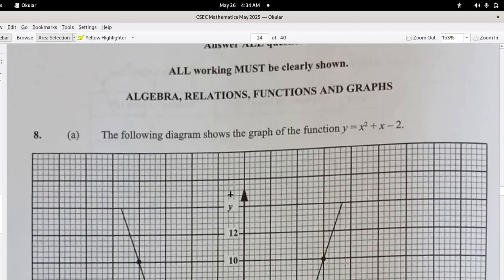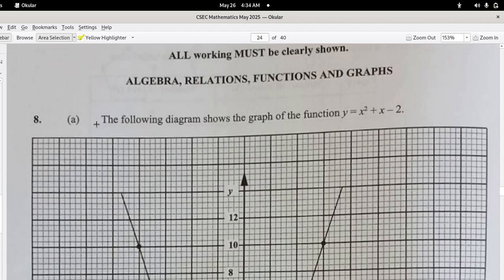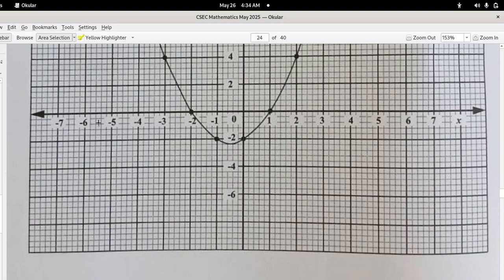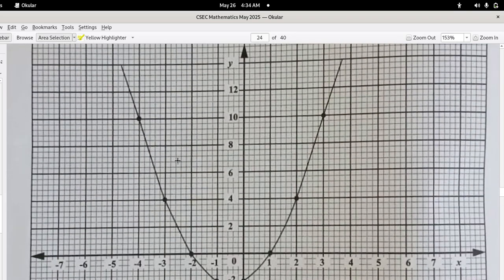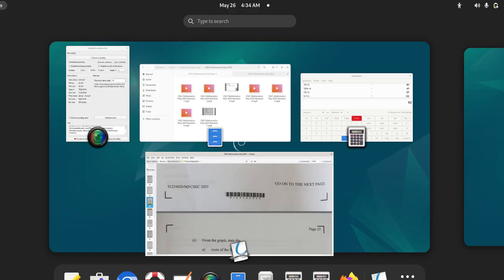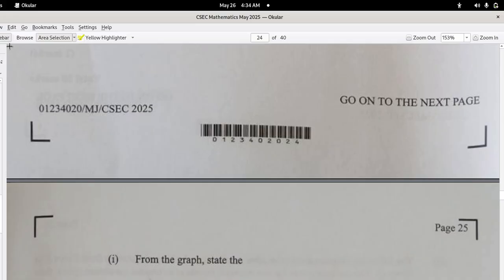Alright, question 8a1, the roots. Let's just write the roots over here.